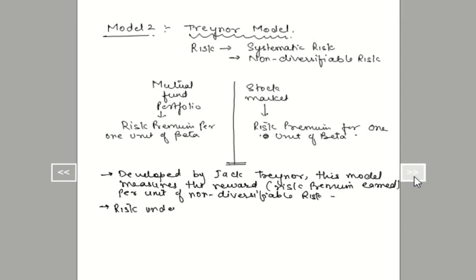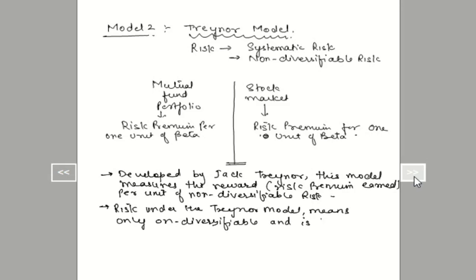Under the Treynor model, risk means only non-diversifiable risk, and is hence the beta of the rates of return.